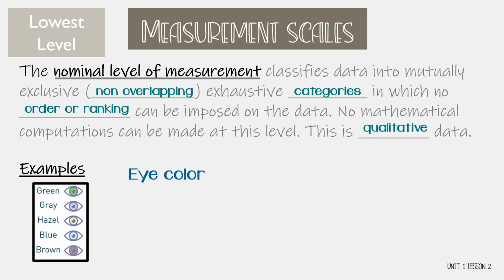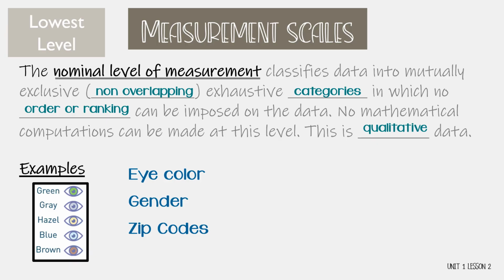Eye color. There's no order to it. They listed them in some kind of order. It's not even alphabetical order. But there's no order or ranking to that. Those are qualitative. Gender. Zip codes. It's a numerical name for a geographic region.